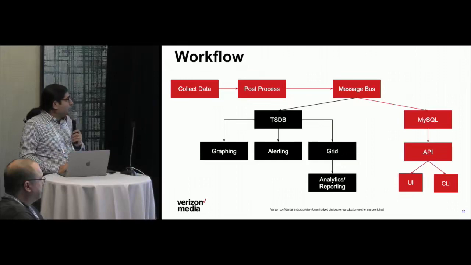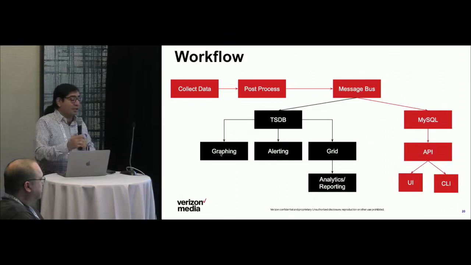Once we do this, we place the data on the message bus. And then we have multiple downstream consumers. We have a time series database consumer, which in the open source case is InfluxDB, and you can set up alerts on that also. Internally, we use OpenTSDB, and we also send the data to a Hadoop grid for batch analytics.